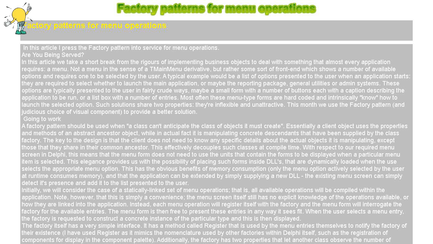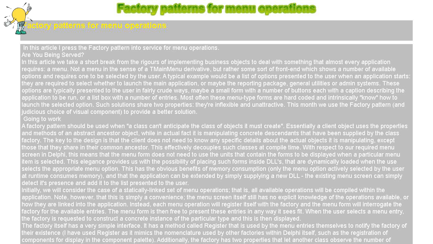Most often these menu type forms are hard-coded and intrinsically know how to launch the selected option. Such solutions share two properties: they're inflexible and unattractive. This month we use the factory pattern and judicious choice of visual component to provide a better solution.